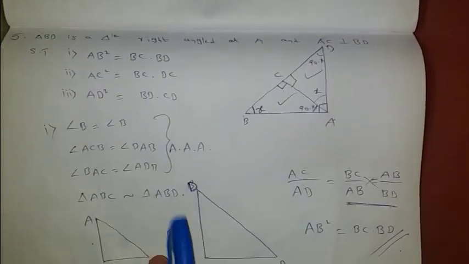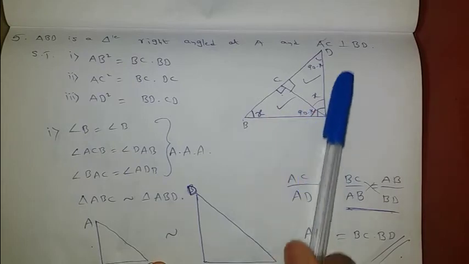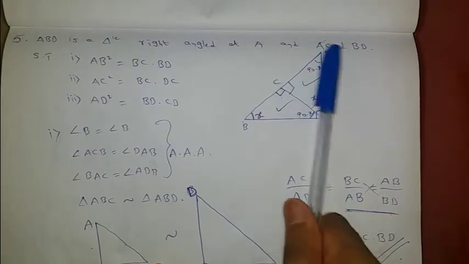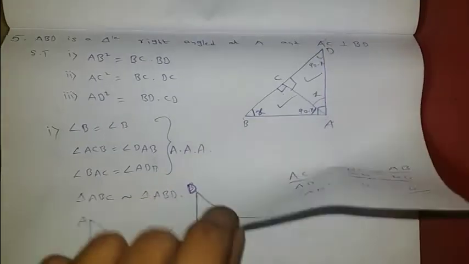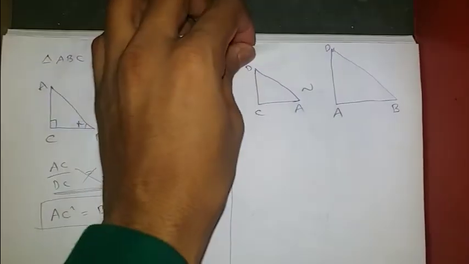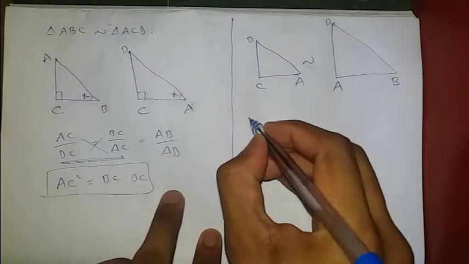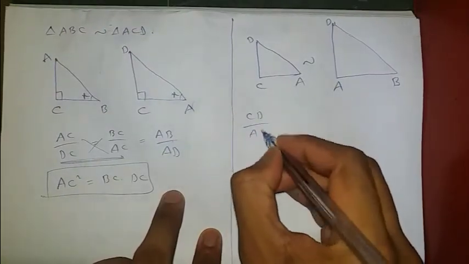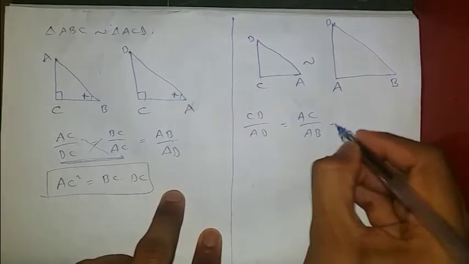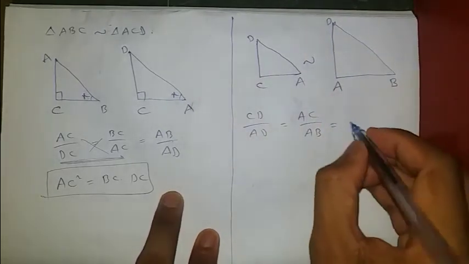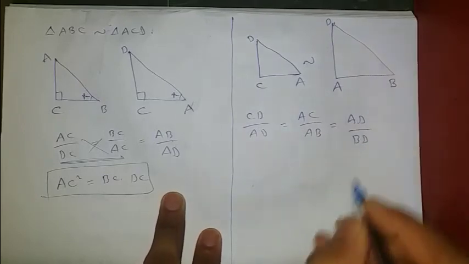Okay, now how we proved for this first one? The same way we need to prove for this third one also. So obviously we will get to know the upper triangle is similar to the total triangle. So now if we check that corresponding sides ratio, left side by left side, that is CD by AD is equals to base by base, AC by AB is equals to hypotenuse by hypotenuse, that is AD by BD.